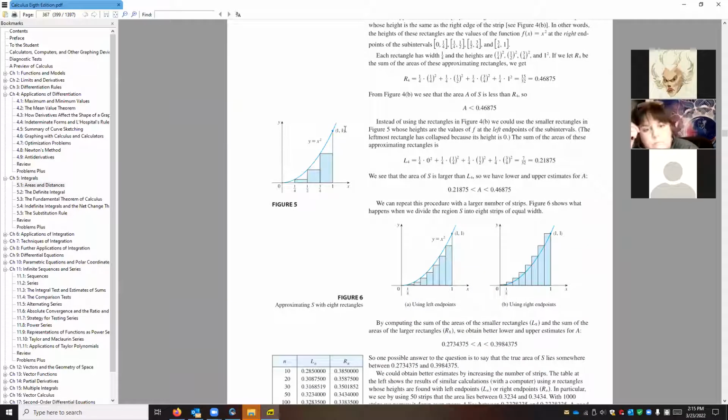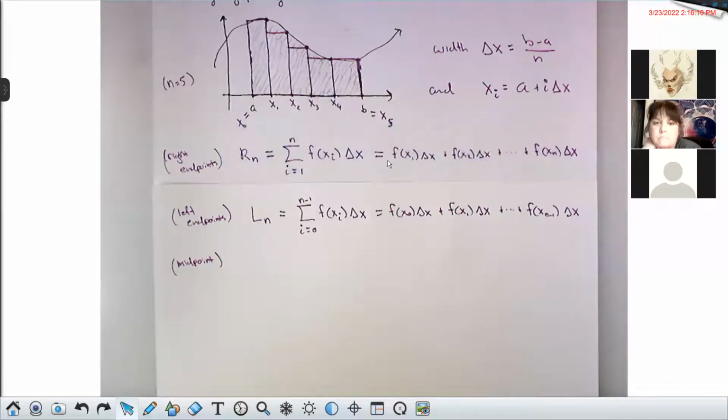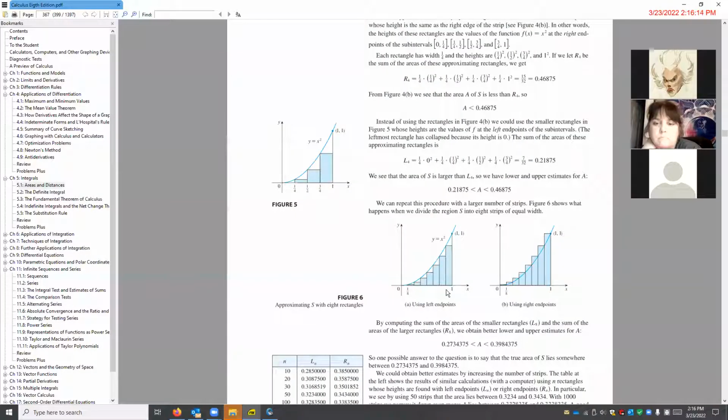Here's a left endpoint rectangle approximation. You see, for left endpoints, the height of each rectangle comes from the height of the curve at the left side. Over here, the height of each rectangle comes from the height of the curve at the right side. So these are the two formulae, right endpoints, left endpoints. The left endpoint picture looks like this. The right endpoint picture looks like this.